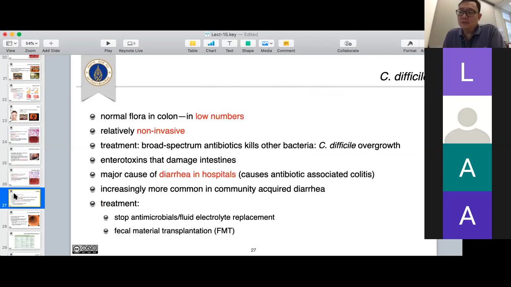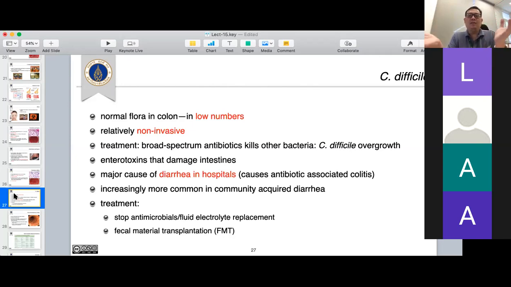Okay, so this is very important. Normally, C. difficile is present in everyone as normal flora in the colon, but in very low numbers. The reason that makes C. difficile, or some people call it C. diff, increase in population is that one gets antibiotics. When antibiotics get inside, they kill most of the good bacteria, and some of them die out.